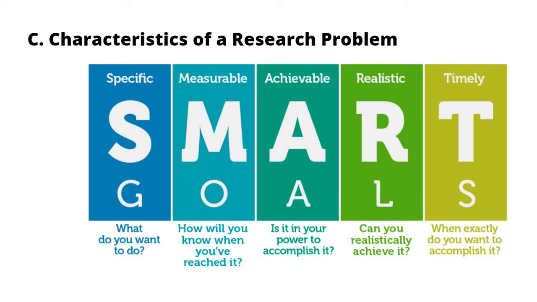So the acronym for this one is SMART, S-M-A-R-T. So SMART is specific. S stands for specific. Are you clear with what you want to do? What would you like to observe? Is it the plant part?